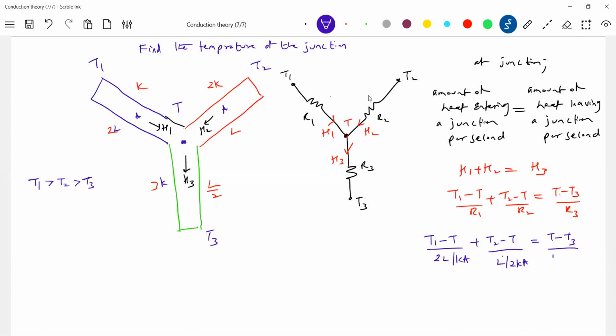R3 will be (L by 2) by 3KA. Okay, L by KA gets eliminated. So this will be (T1 minus T) by 2, this will be 2, this will be 3 by 2.